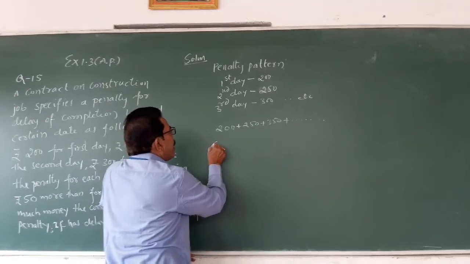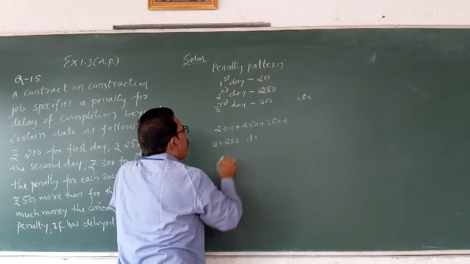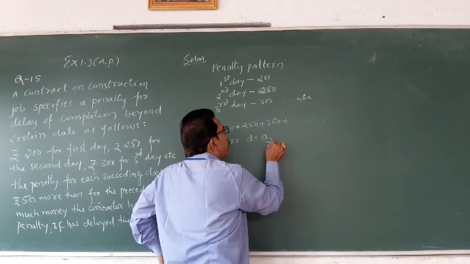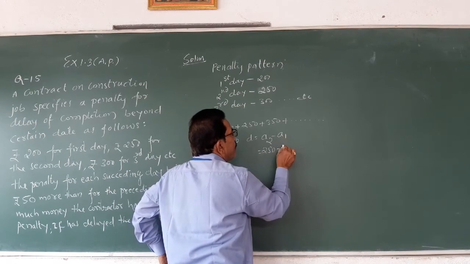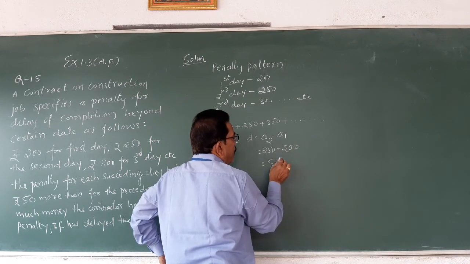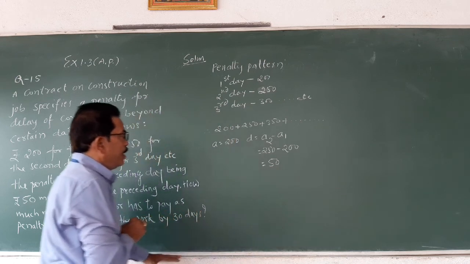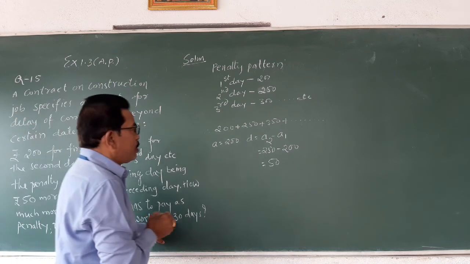A equals 200, D equals A2 minus A1, that is 50. A equals 200, D equals A2 minus A1, the common difference. So which formula is suitable for this one? N has been given up to 30 days.